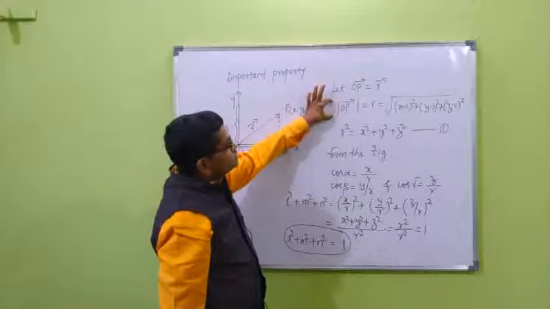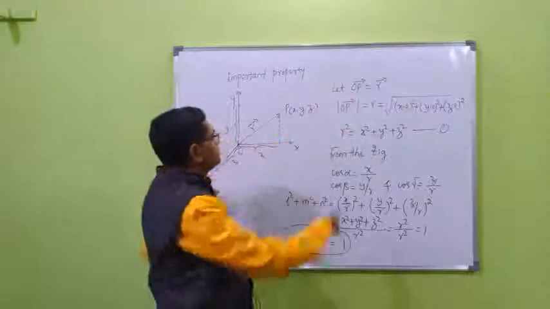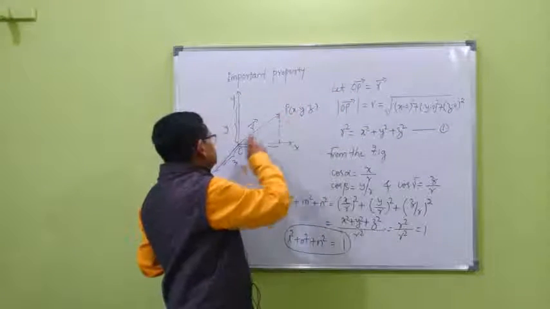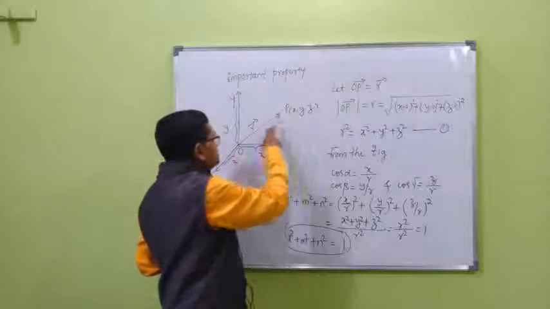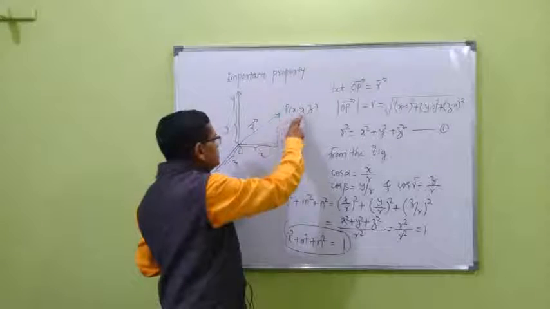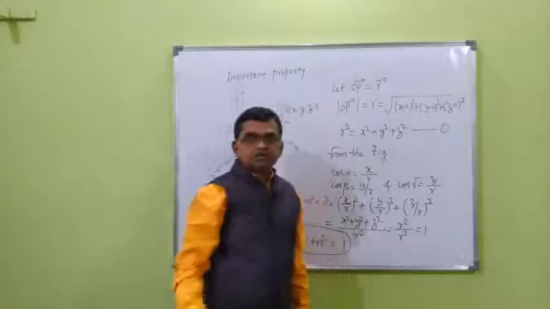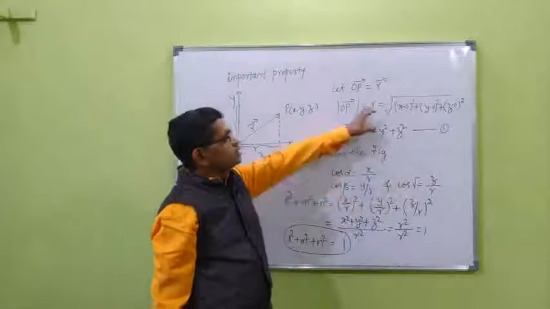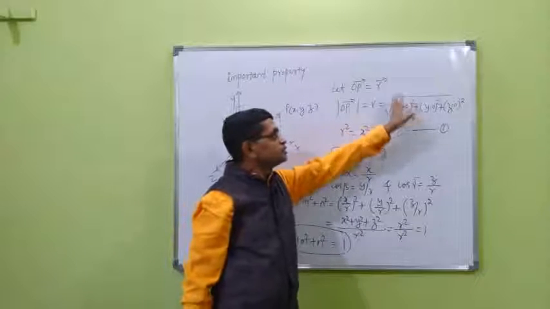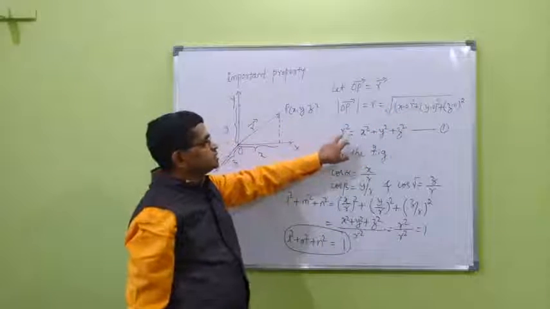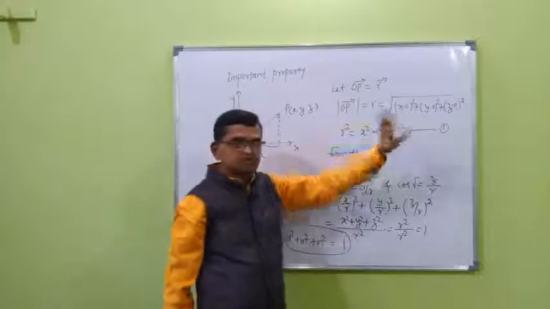Now the magnitude of OP is given by the square root of (x minus 0) whole square plus (y minus 0) whole square plus (z minus 0) whole square, where 0, 0, 0 is the origin. So R is equal to this much. If you want to remove the square root, then take the square. R square is equal to x square plus y square plus z square.